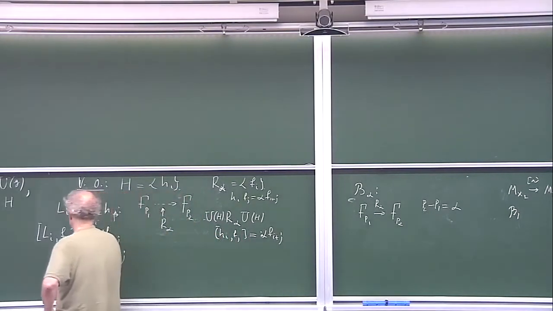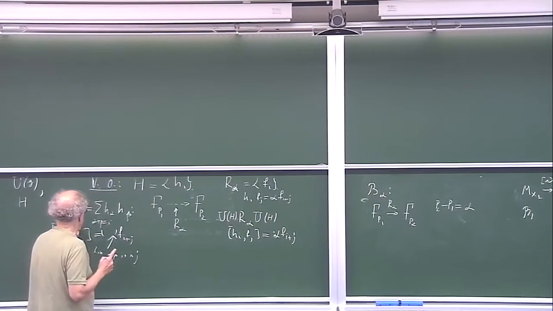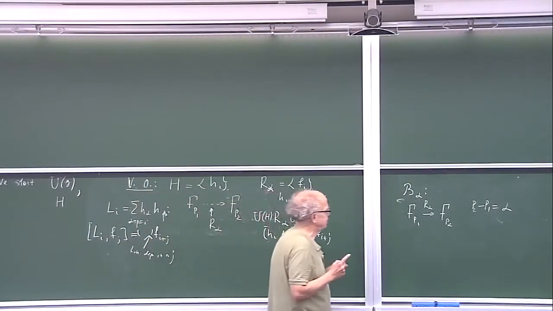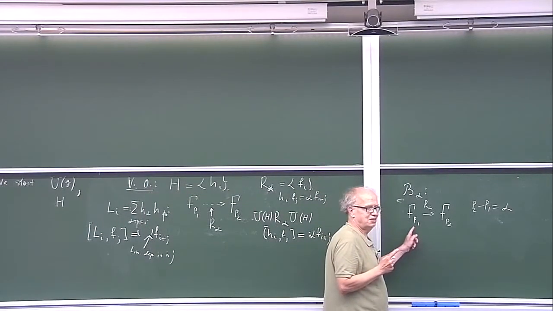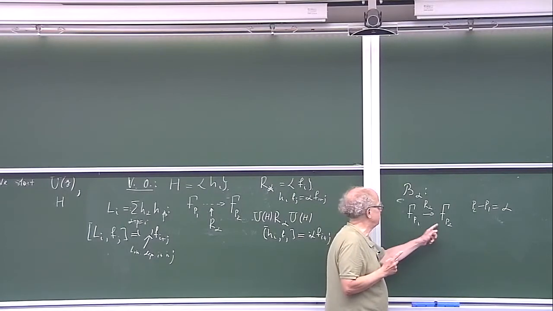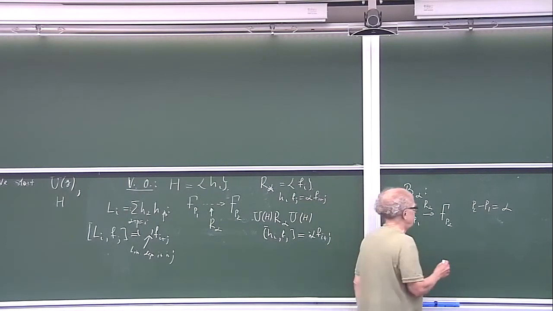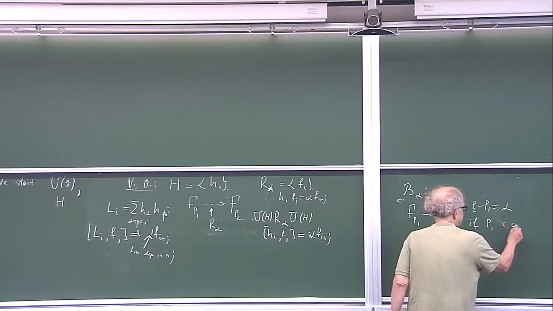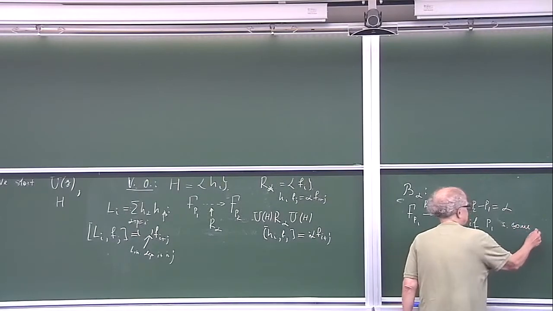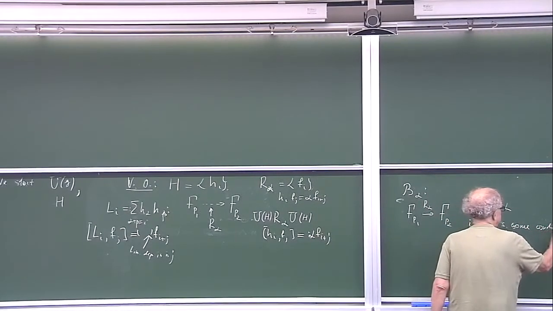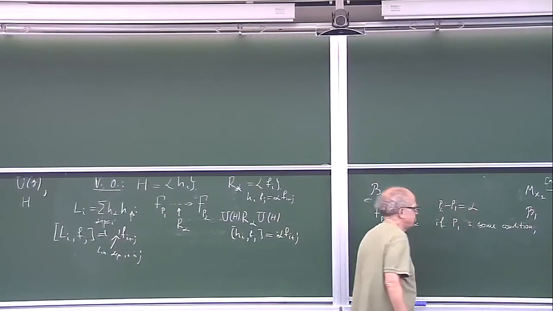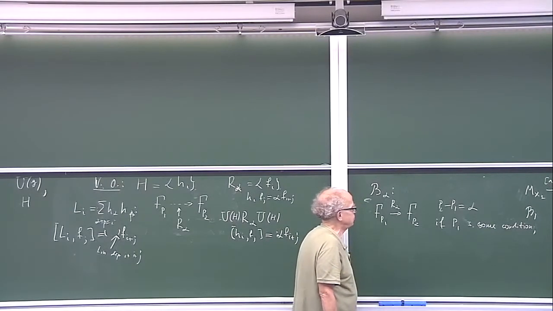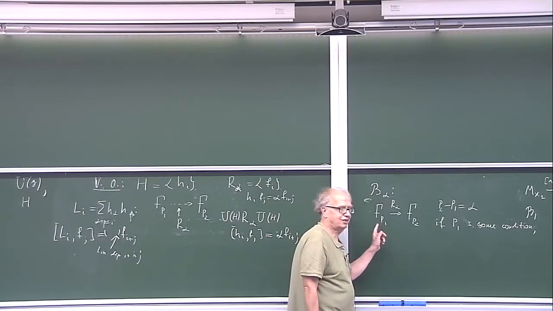If we want conditions which follow from the relation with Li, then it quantizes P. So it means that such a homomorphism exists if P1 satisfies some condition, which you can find in any textbook about the Virasoro algebra.